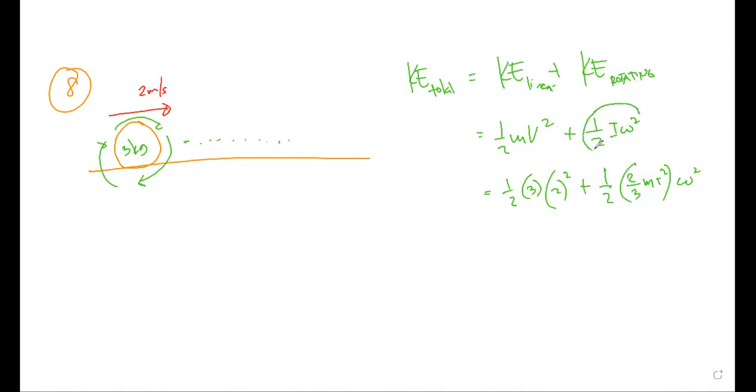The rotating kinetic energy can be calculated as 1/2 times 2/3, m would be 3, then r square.